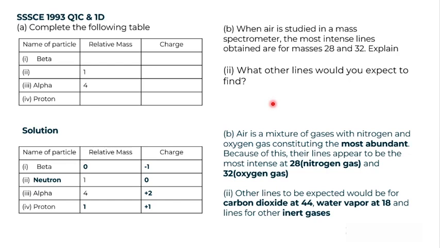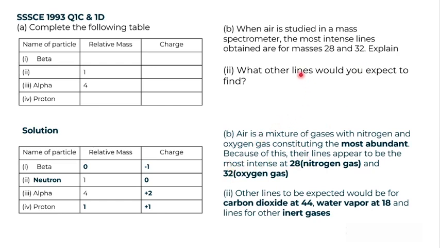Because they are the most abundant, it makes sense that when they were studied in a mass spectrometer, they have these masses. The relative mass of nitrogen is 14, so nitrogen gas, N2, will be 2 times 14, which gives us 28. And oxygen has a relative mass of 16, so 16 times 2 will give us 32.